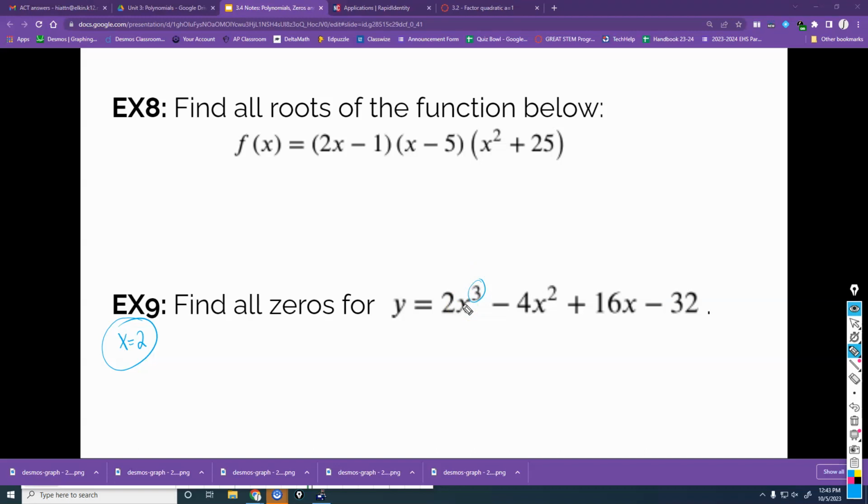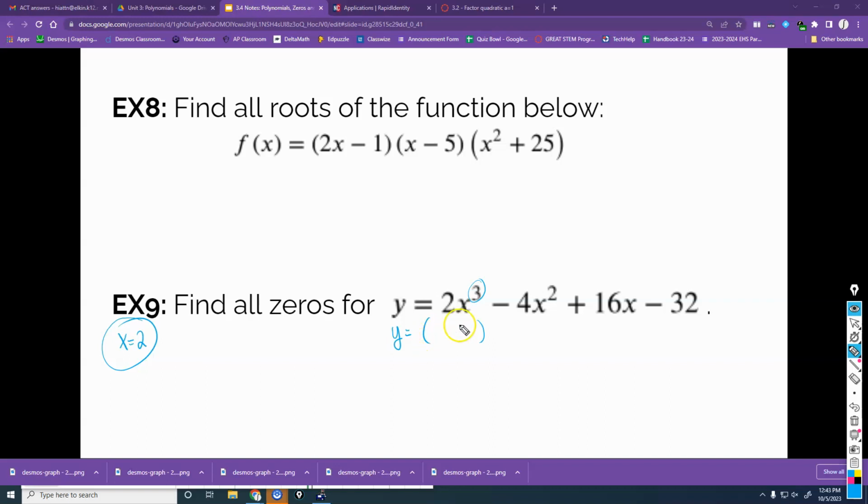So here is what we're going to have to do for this problem. What I really want is to have this factored, and if x equals 2 is an answer, what was the factor that went with that? It's got to have an x with it.